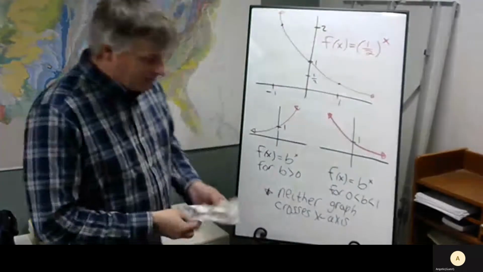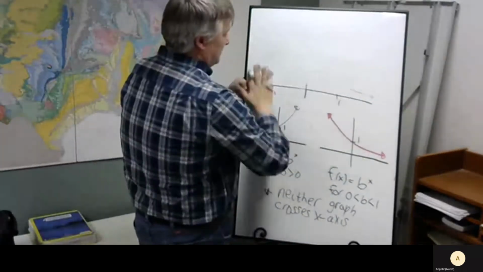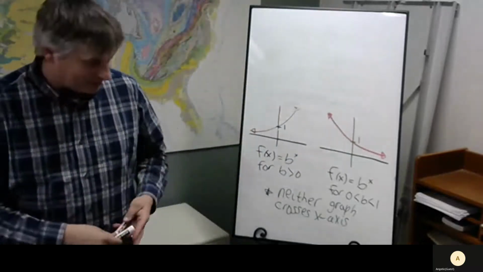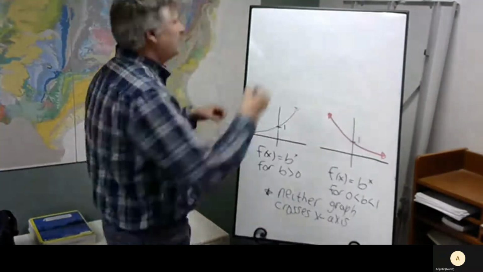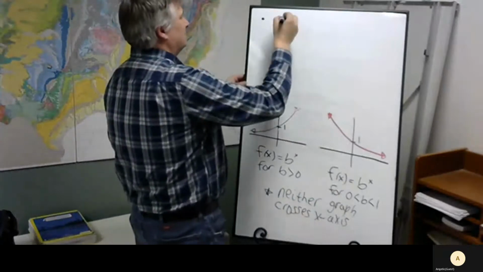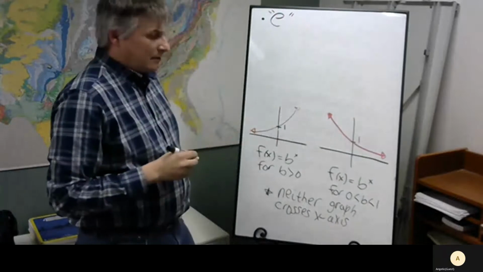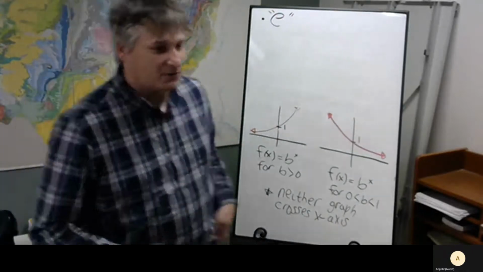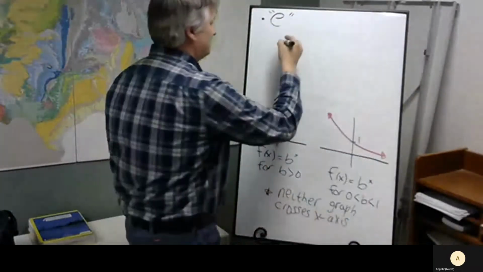So a special kind of function, a version of this, is what we call e. Now, let me grab a calculator here. I want to get the value on this. e is like pi.